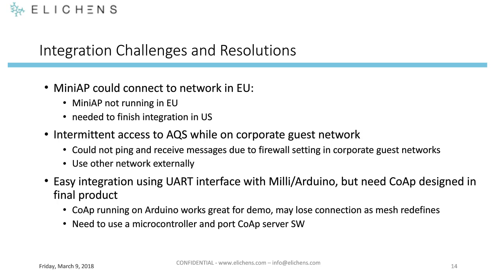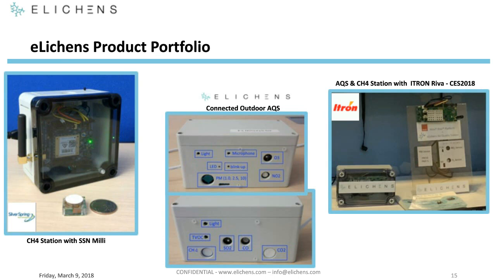Let me show you an example of some of our products. On the left-hand side, you have the CH4 gas leak detection, and as a reference, the size of the sensor right below it. This one, we integrated the Silver Spring Mili radio that we tested, and we're working with some clients today. On the right-hand side of the screen, you have the air quality station and the CH4 gas leak station.